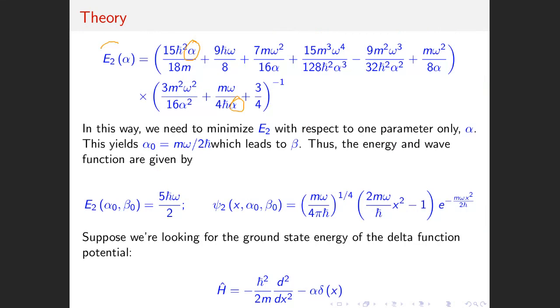Then differentiate this with respect to alpha. Essentially try to minimize this. Solve for that alpha 0, plug it back into this expression, and you will find that this is what you get, even for c. Right? And again, this shows that this variational method actually works, because for the harmonic oscillator we already knew the exact energies and also the exact wave functions.